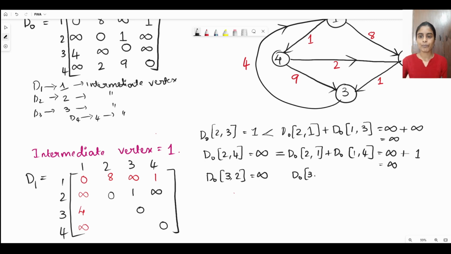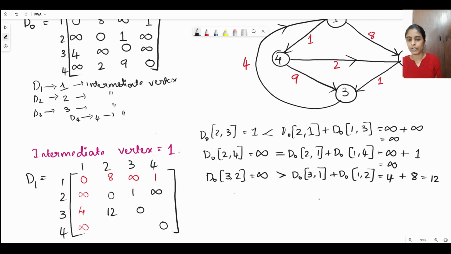That is given by D0 of 3, 1 plus D0 of 1, 2. D0 of 3, 1 is 4, plus D0 of 1, 2 is 8. So that is equal to 12. Clearly 12 is less than infinity, and therefore we give 12 as the entry.